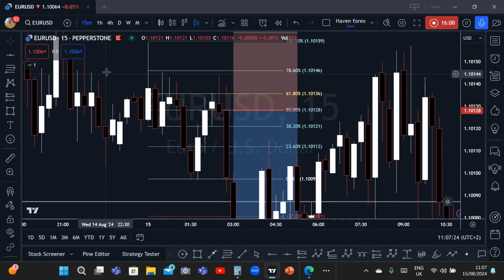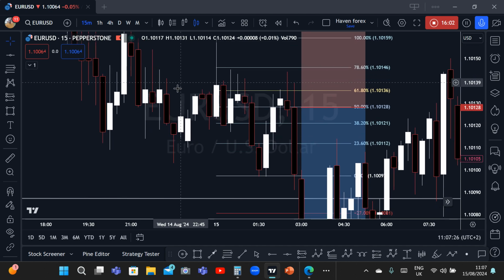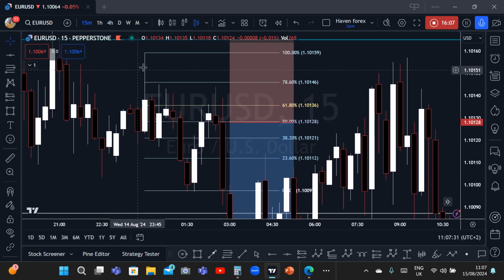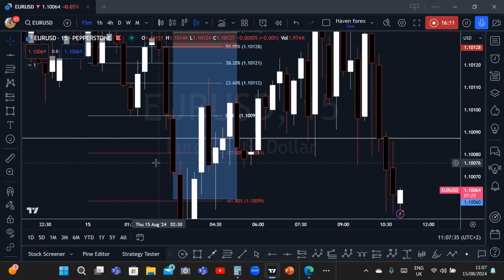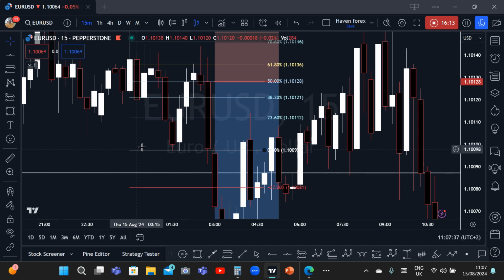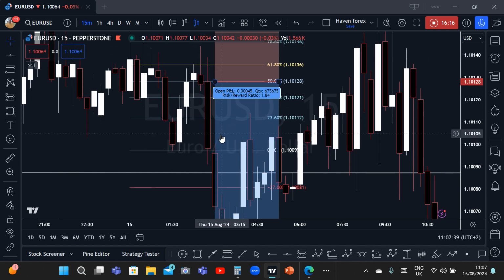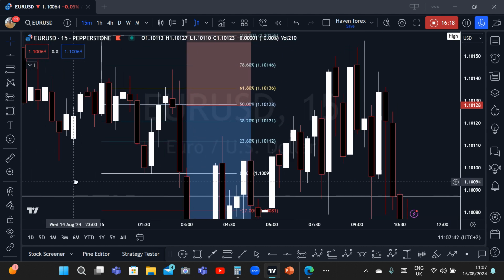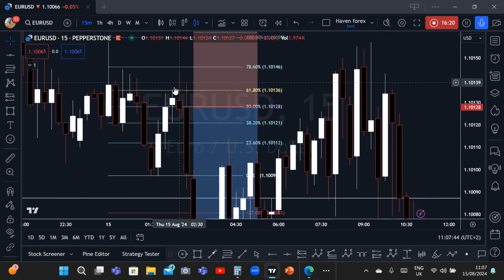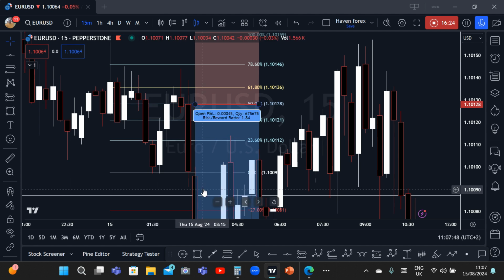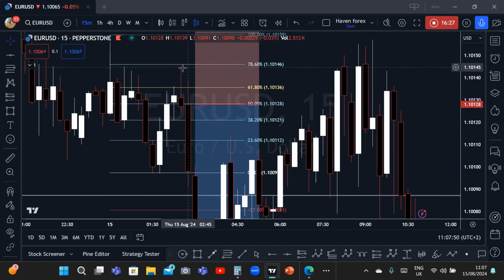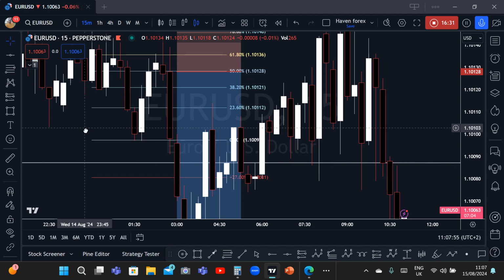If it is a weak high, meaning that it failed to break a structure, once a high fails to break a structure down, we refer to it as a weak high. Now, that weak high, what will happen? Price will rally back and take it out before it resumes the underlying trend.